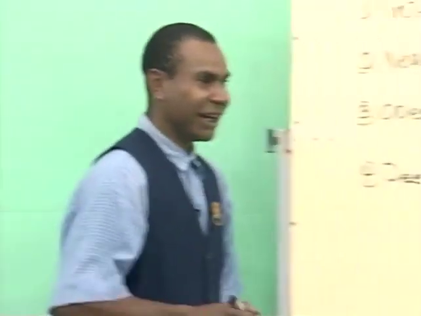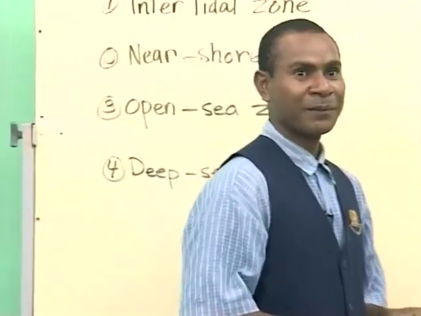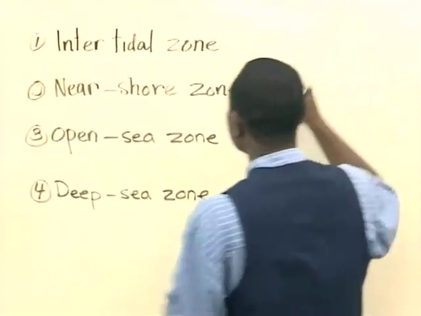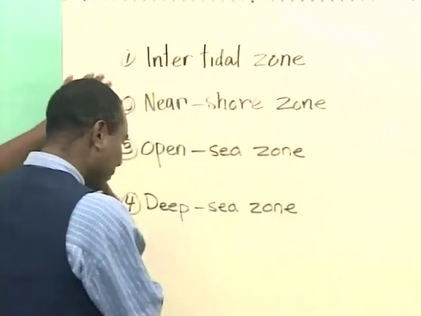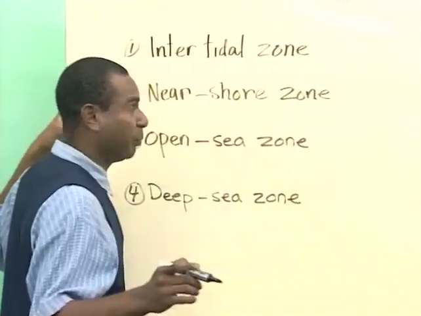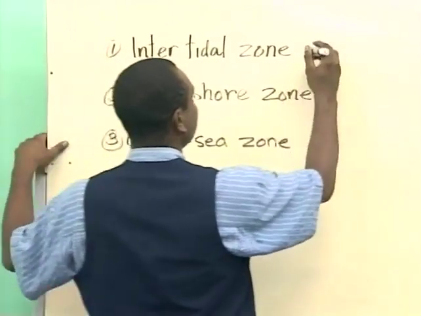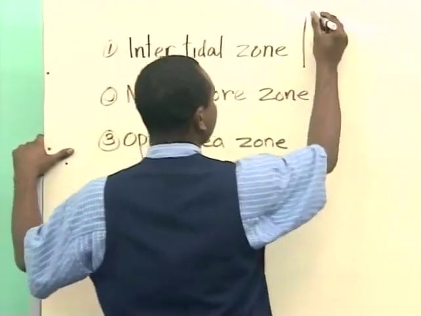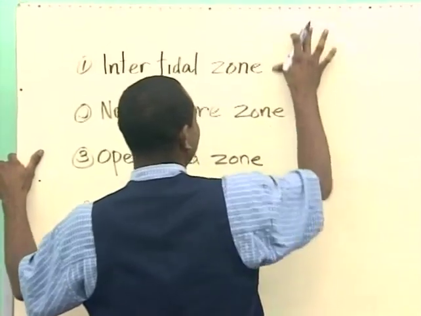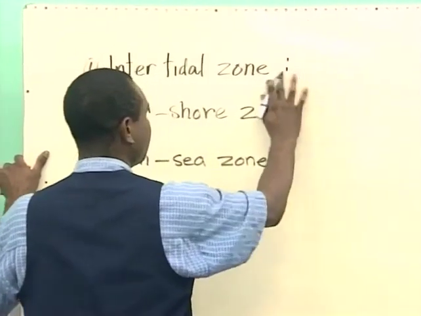All right. Eyes to the front. We have already divided our papers in the front. So we have tidal, intertidal. Intertidal, what kind of animals do we find there?